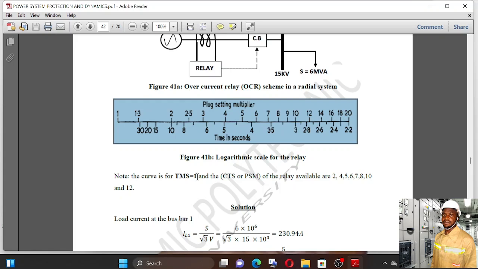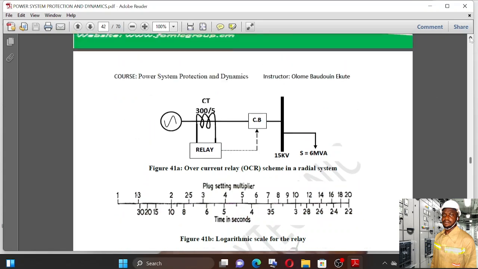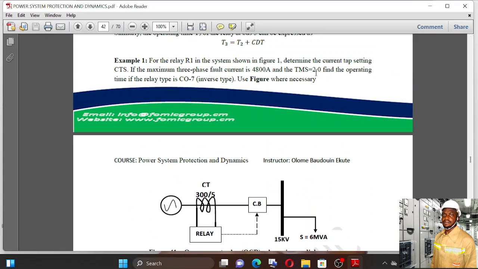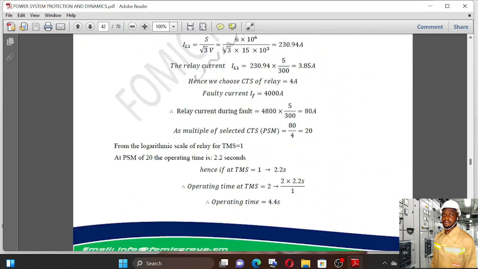But note that this is for a time multiplier setting of 1. The question specified a time multiplier setting of 2 here. So the plug multiplier setting of 20 gives us an operating time of 2.2 for a TMS of 1.